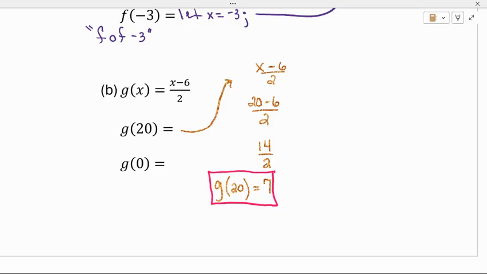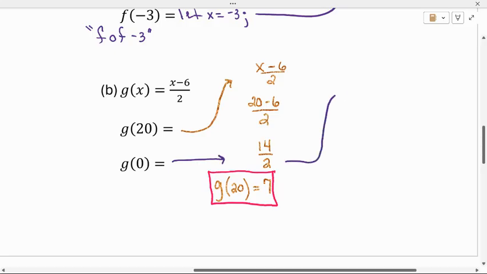Does this make sense, guys and gals? Okay. What about g of 0? Same function, x minus 6 divided by 2. This right here tells me that I'm evaluating the g function. So I replace the x with a 0. So I have 0 minus 6 divided by 2.